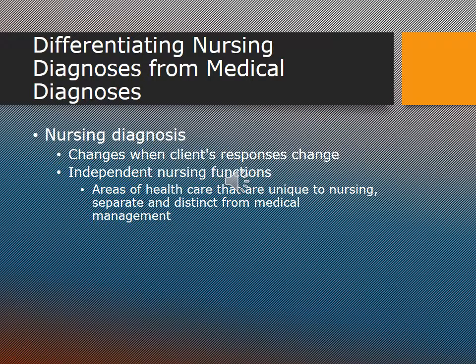Now, nursing diagnoses tend to change frequently. They change as some problems are resolved, as they develop other problems, and their responses change. So they change when a client's responses change. It's an independent nursing function. It's an area of healthcare that is unique to nursing. It's separate and distinct from medical management.